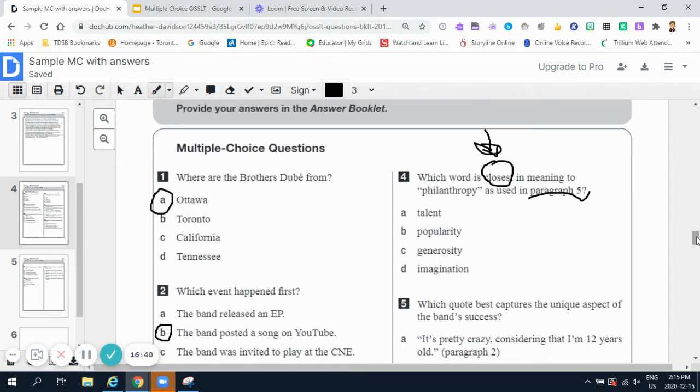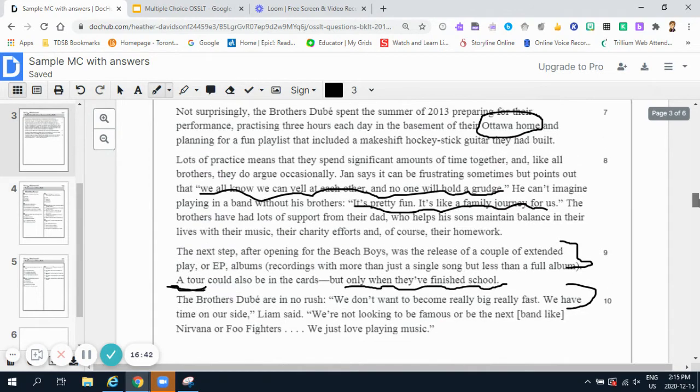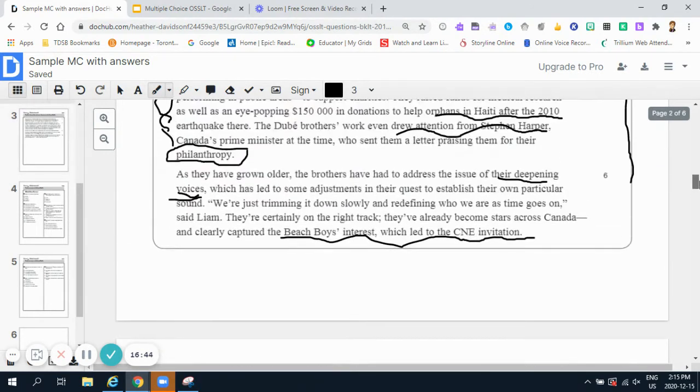Okay, so I'm going to take this sentence and go back and read the context. The Brother Dubé's work even drew attention from Stephen Harper, Canada's Prime Minister at the time, who sent them a letter praising them for their philanthropy.